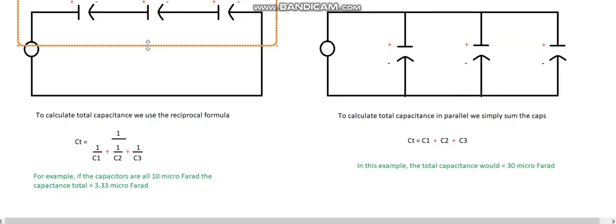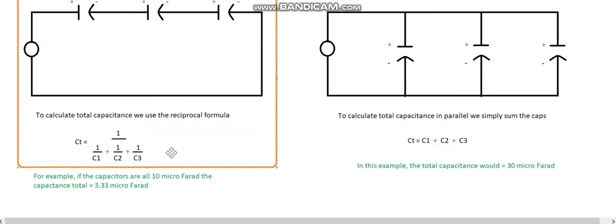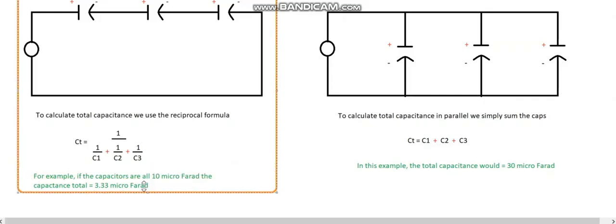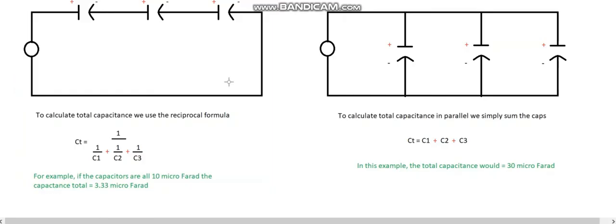So that's why it's the reciprocal for this one, whereby if I had, say, 10 microfarads here, 10 microfarads here, and 10 microfarads here, I would use 10 to the power of negative 1 plus 10 to the power of negative 1 plus 10 to the power of negative 1, all to the power of negative 1, equals 3.3 microfarads. So the more capacitors I put in series, the greater the decrease of the capacitance. Interesting. Okay, so recognize that.